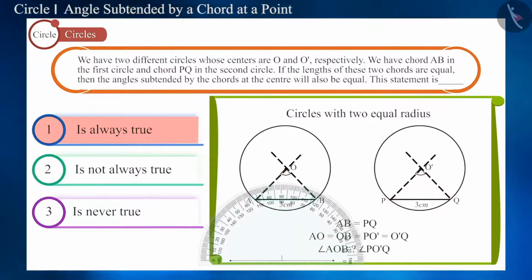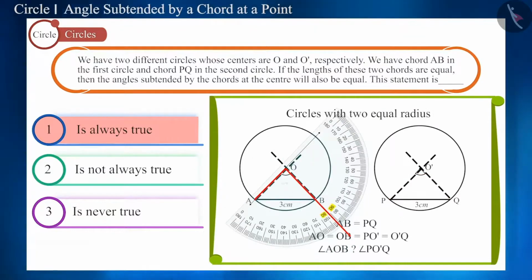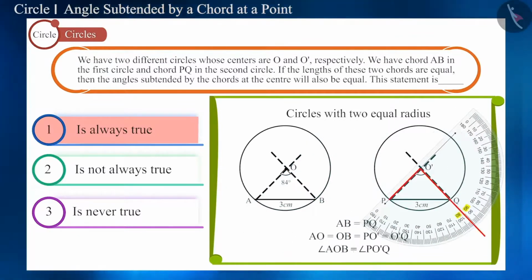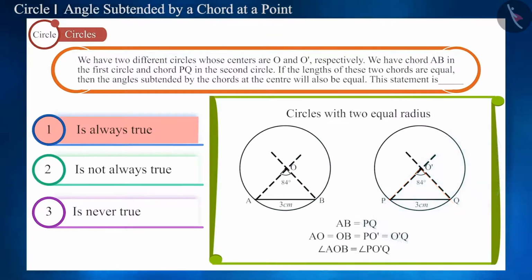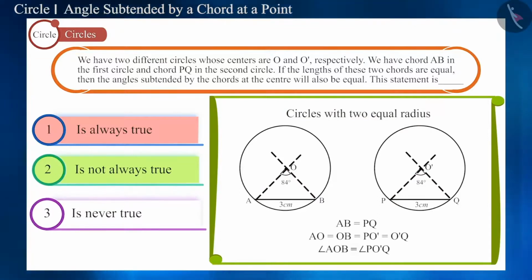Friends, you can see that both these angles are equal. You can try this yourself by constructing two congruent circles and drawing equal chords in them. Therefore, this statement is true in this situation. So, our second option is correct. And our third option will automatically become incorrect.